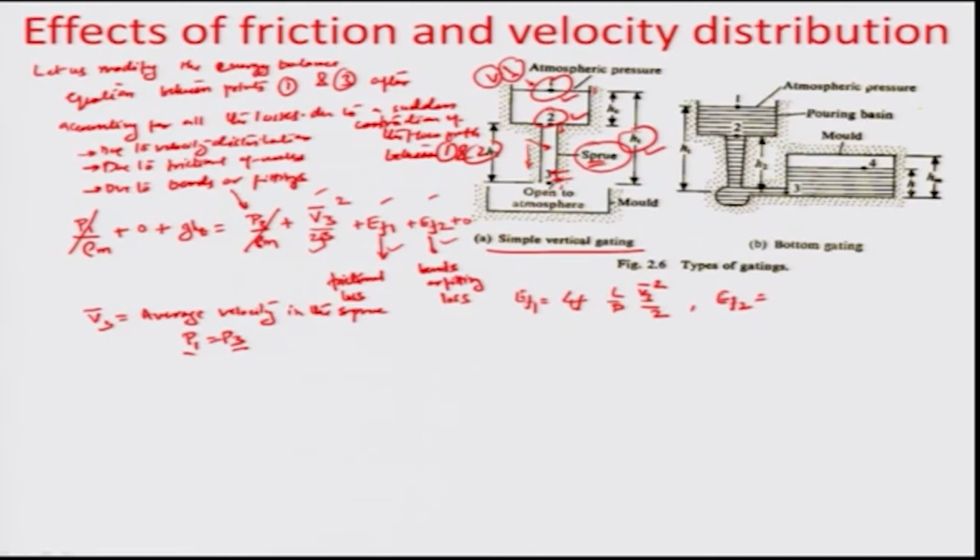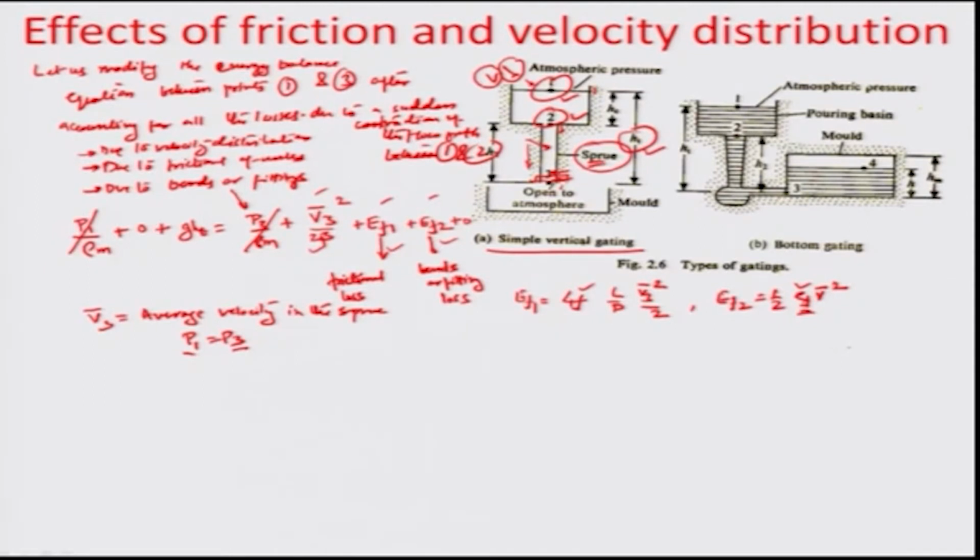So, we are just considering the energy just at the point of exit of the metal from the sprue to the mold, and so this EF2 comes out to be half EF V dash square, where EF again has to be obtained from the plots for the energy loss EF with respect to the area ratio for sudden expansion or sudden contraction case, and these values, for example, EF or f, depend again on the Reynolds number of flow, or whether the flow is laminar or turbulent in nature.